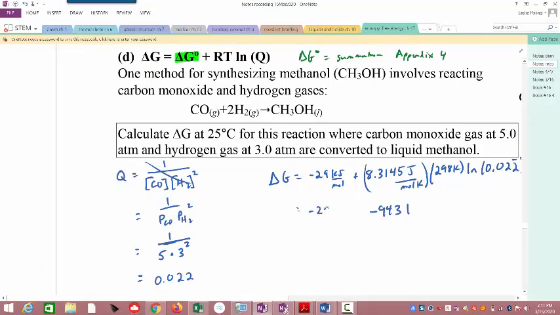Here I have negative 29 kilojoules per mole plus, now let's check out the units on this. The natural log will have no units. So this is joules per mole. I can't add kilojoules and joules. So take my joules, convert it to kilojoules, and now I can add these.